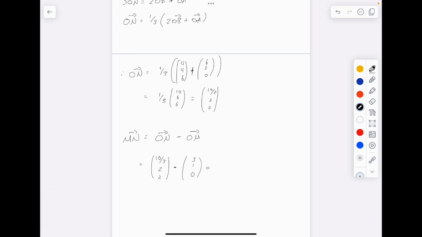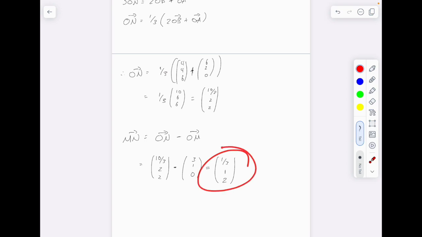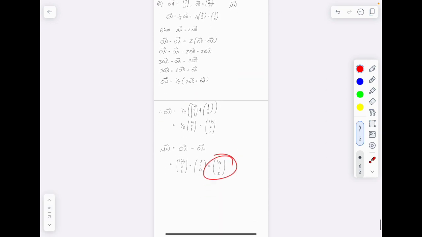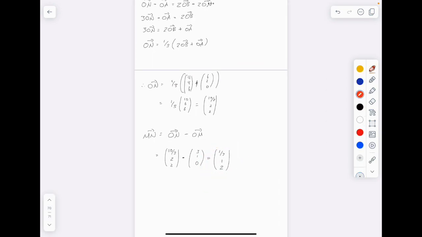Okay, now 10 over 3 minus 3, that's going to give me a third. Okay, so we got a third, 1, 2. And we found the direction vector then, guys. So this is our direction vector.